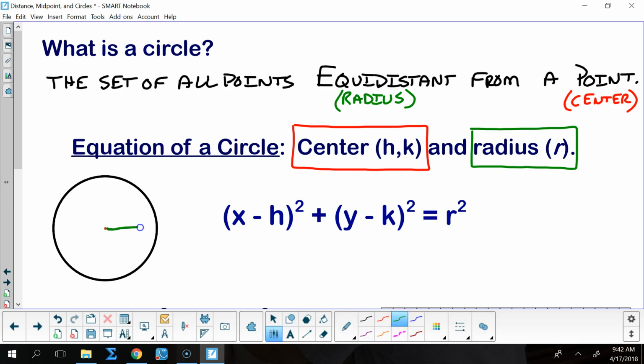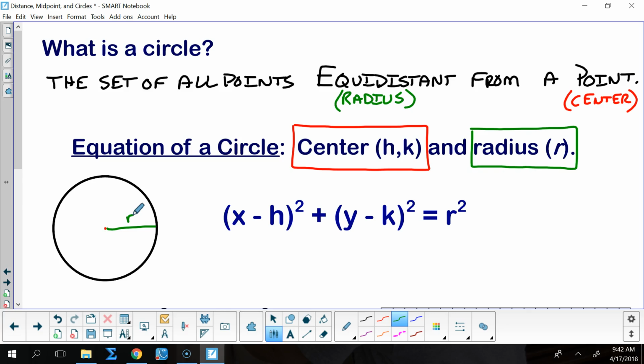The center is not actually on the circle. It's inside the circle, but it's not actually on the circle. So if you plug the center point into the equation, you would get a false statement. You'd get 0 equals something.